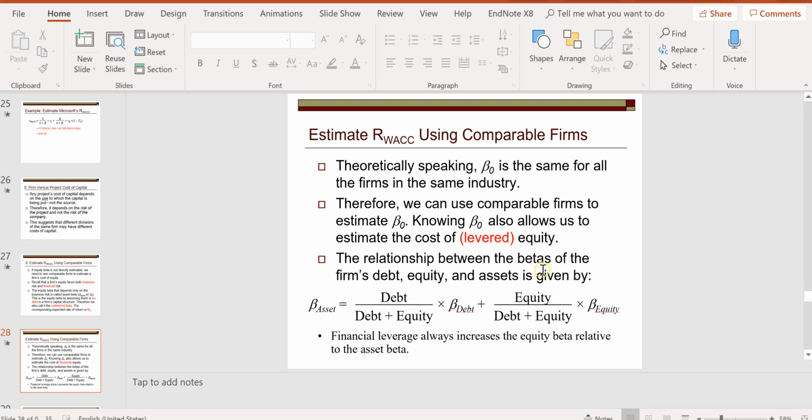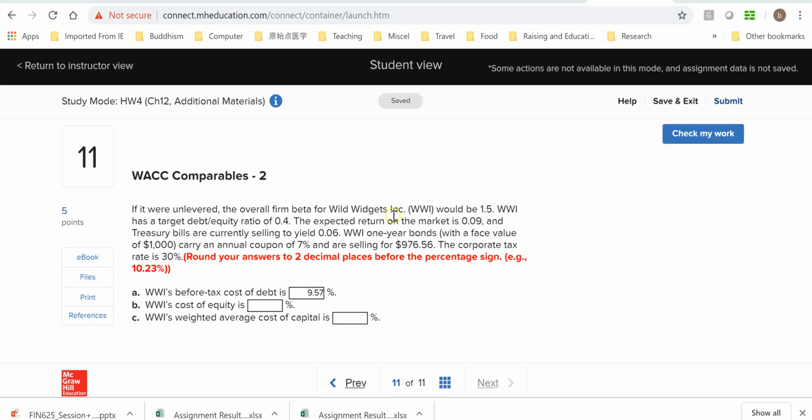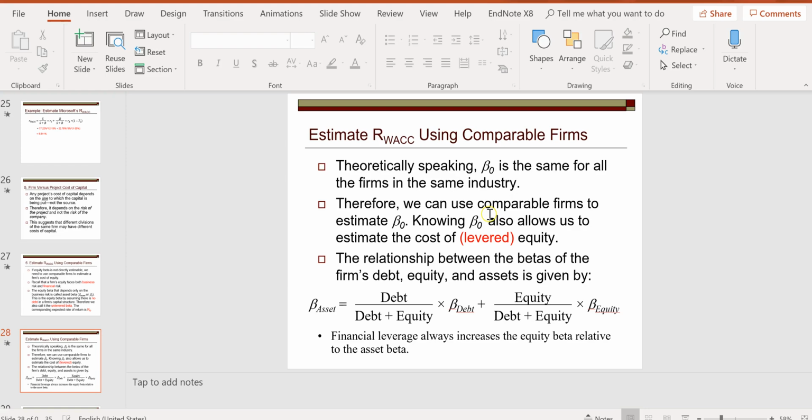Again, we can use this equation. You can find the equation from my PowerPoint lecture slides. This is beta 0. That's basically the first sentence. This 1.5 is beta 0. Beta 0 equals debt value ratio times debt beta plus equity value ratio.